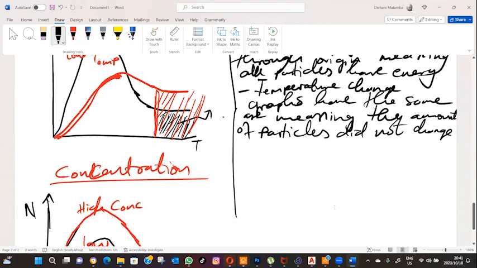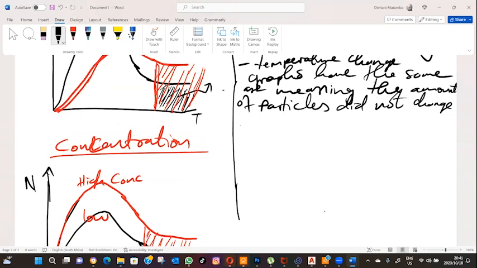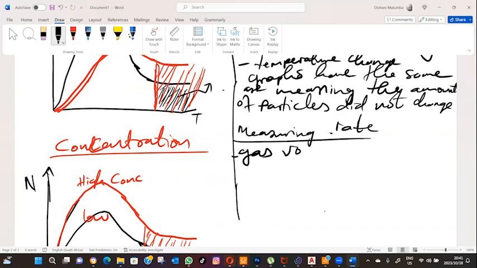Now, how do we measure the rate in a laboratory setting? Measuring rates, we can use the gas volume produced. We can use precipitation formation.